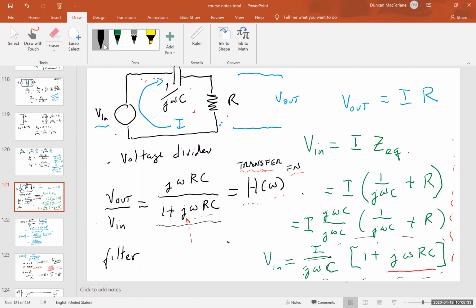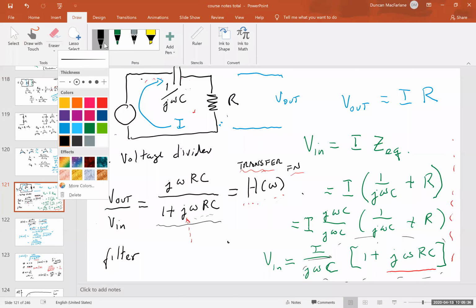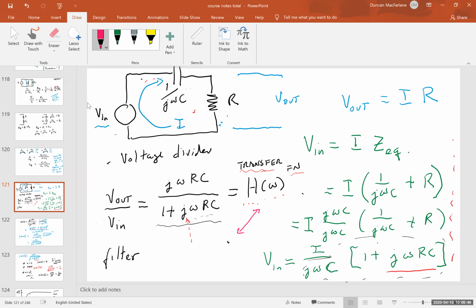this observation. Let's see, what color should I use? I think I'll use pink, just to make sure. Okay, so I'm going to draw a connection here, and I'm going to go back to our very, very beginning of the course, where we talked about having a plot of a cosine, for example, or a plot in the time domain, and then being able to write it in the frequency domain, being able to plot it also as a function of frequency.